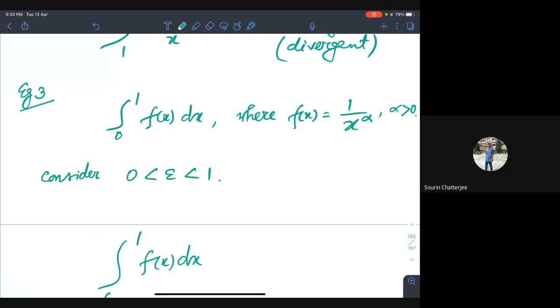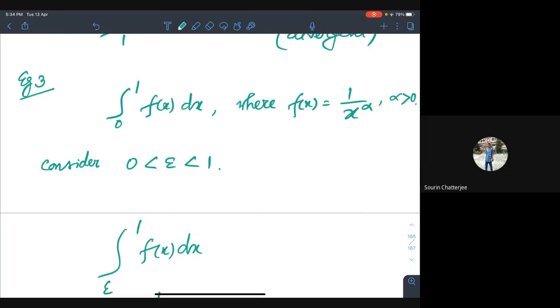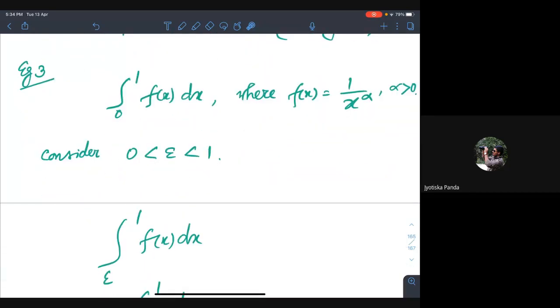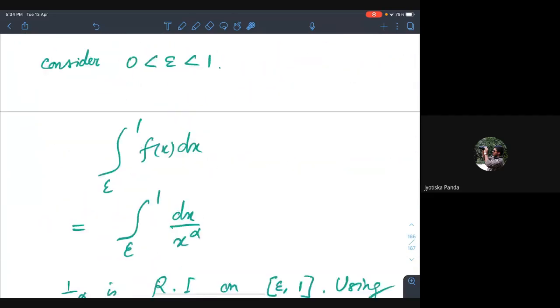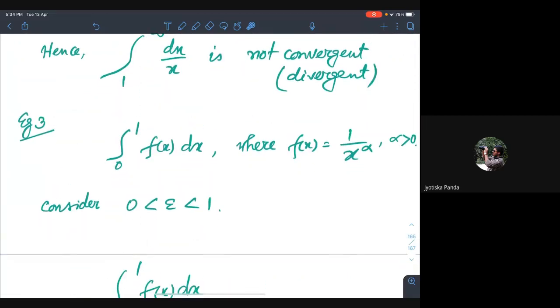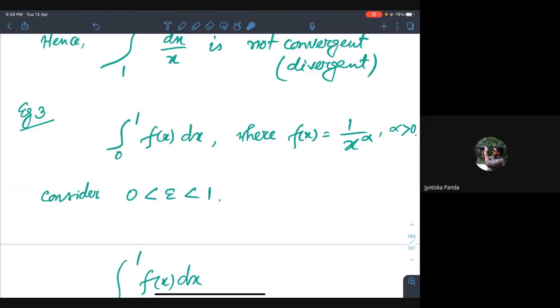Did you see this part? Integration 0 to 1 of f(x) dx, where f(x) is equal to 1 over x to the power alpha.